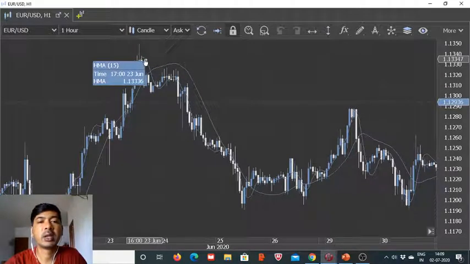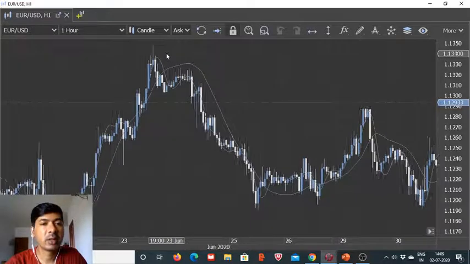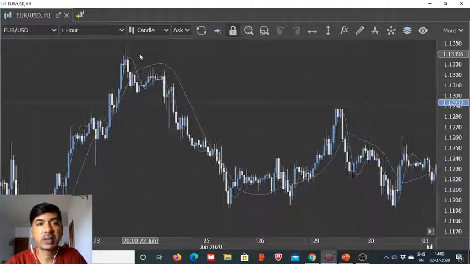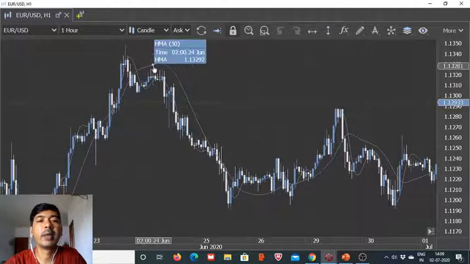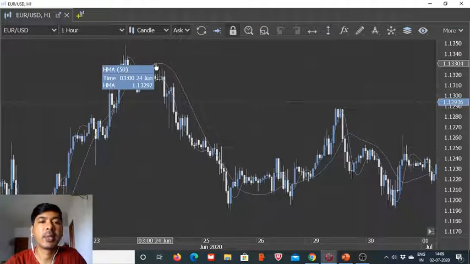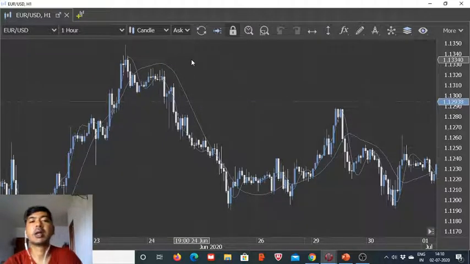So we will have to see this difference, but the underlying idea is that we want the close to have happened below, whereas the last 3 hours maximum value should be above this 50 HMA. That means this is just the start, these are initial hours. That's why we are putting in this condition.